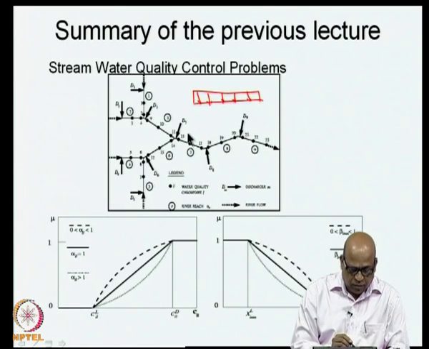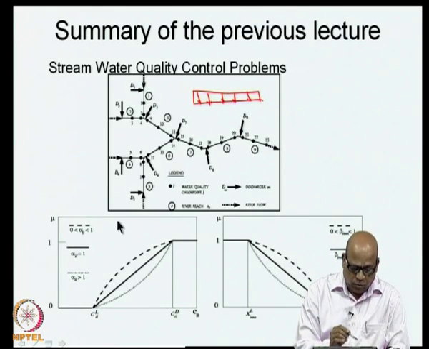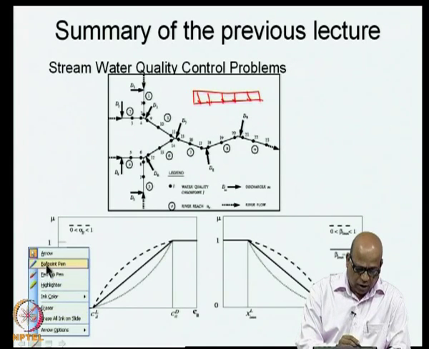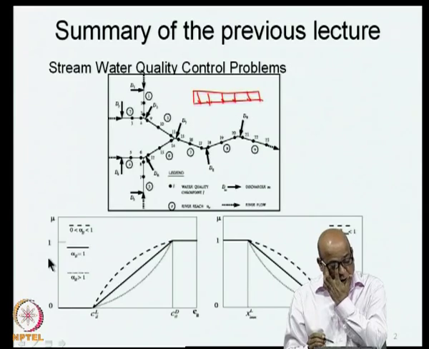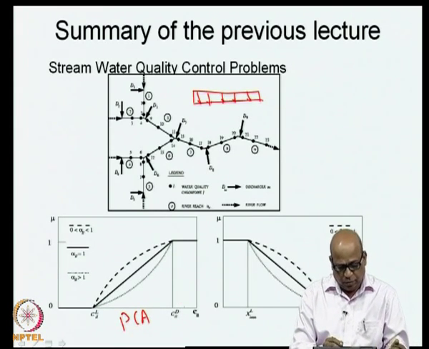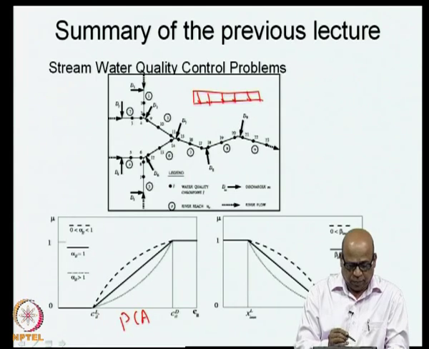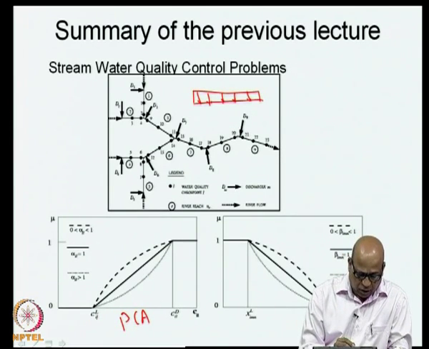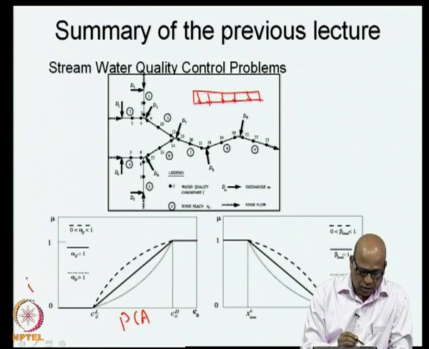Now, you have the goals of the pollution control agency as well as the goals of the dischargers. Now, the goals of the pollution control agency, or the PCA, are related to the water quality indicator, and we are in general denoting the water quality indicator by the index I. So, this can be DO or it can be DO deficit and so on.